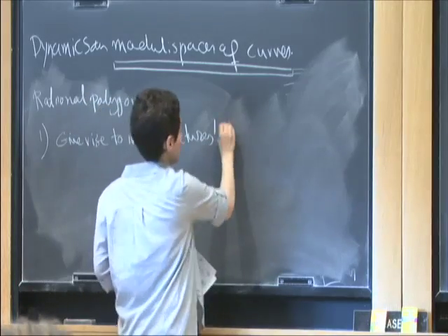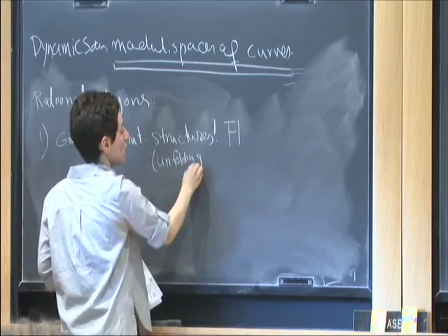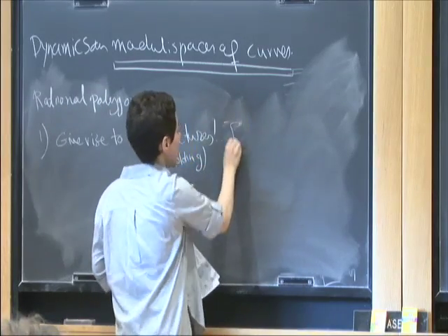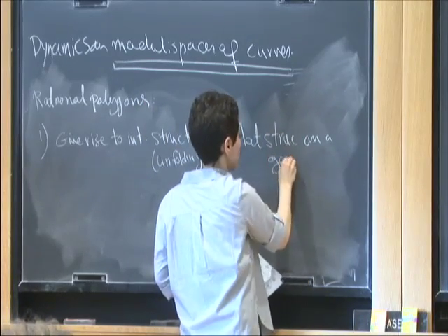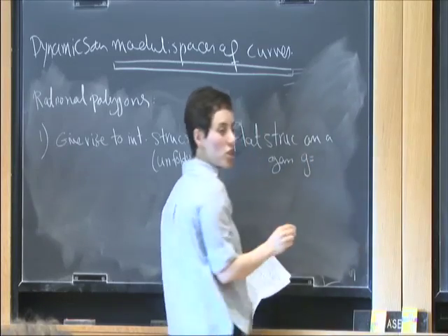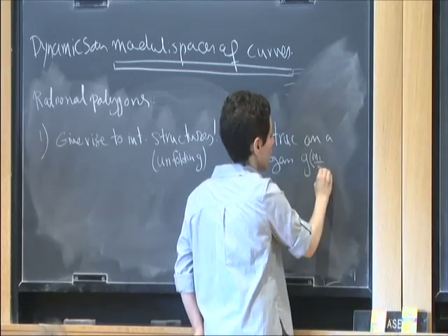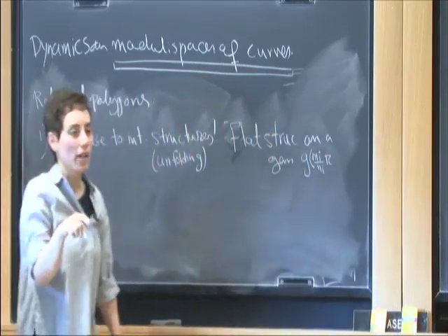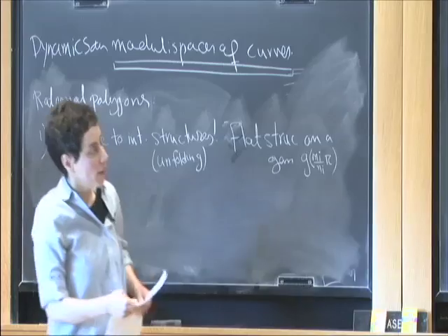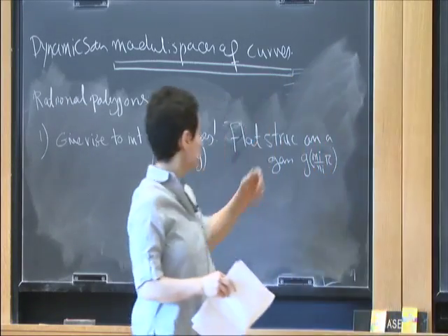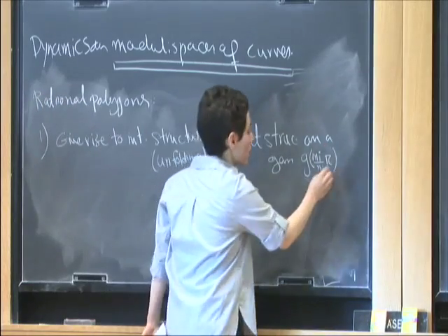Namely, after using unfolding, they give you a flat structure on a surface of genus G. G is a function of the angles of the polygon. If the angles of the polygon are m_i, n_i, p_i, then there's a very simple formula for the genus of what you get by using the unfolding. And so it gives you a flat structure on a surface of genus G.